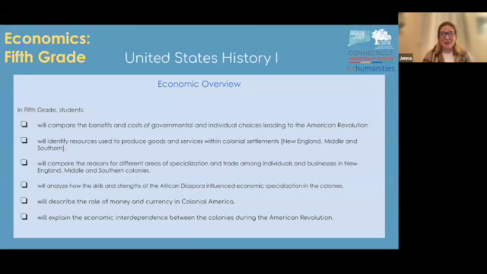And lastly, that students will be able to explain the economic interdependence between the colonies during the American Revolution.